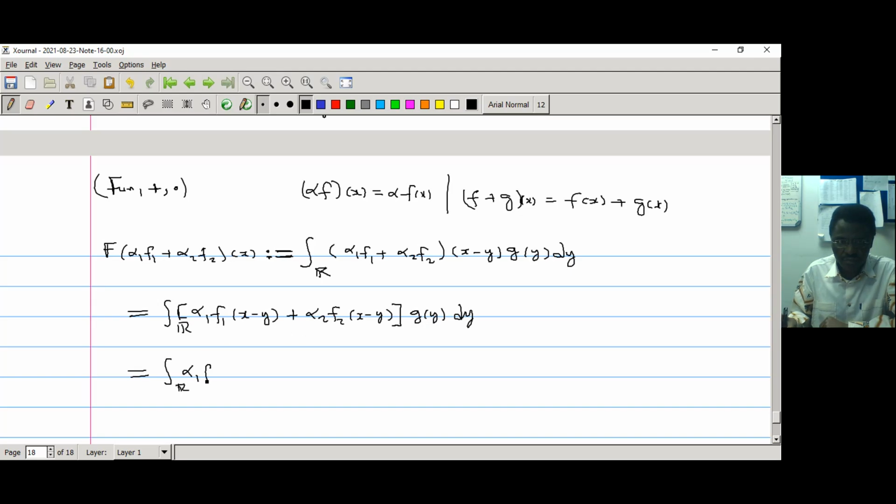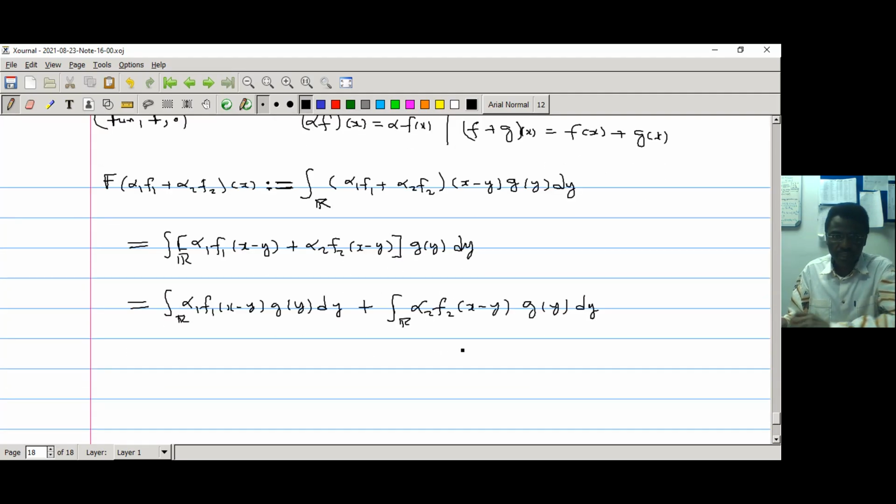so the integral of alpha 1 f1 g y dy plus the integral of alpha 2 f2 of x minus y dy. I can take the alpha out because the integral is also linear.